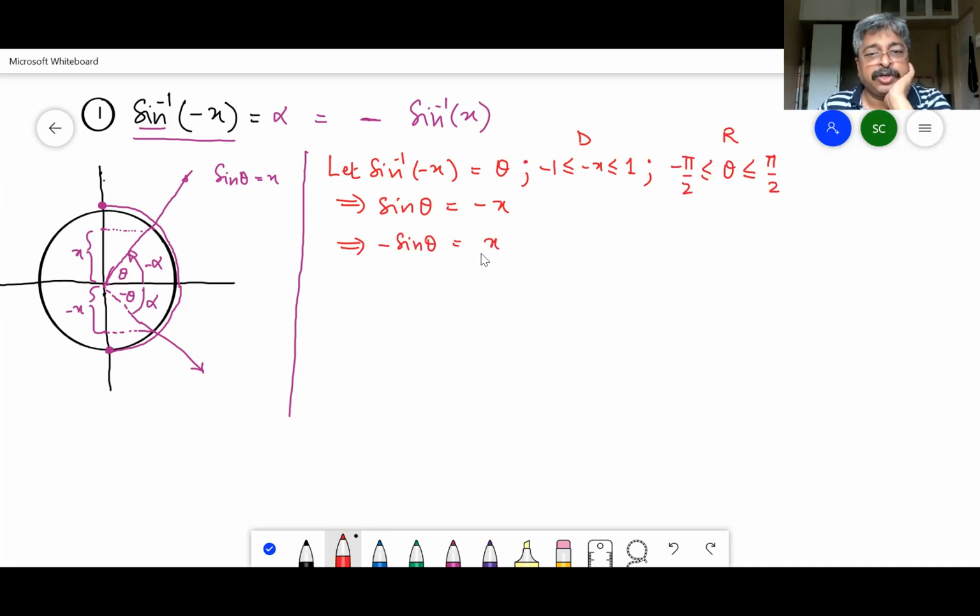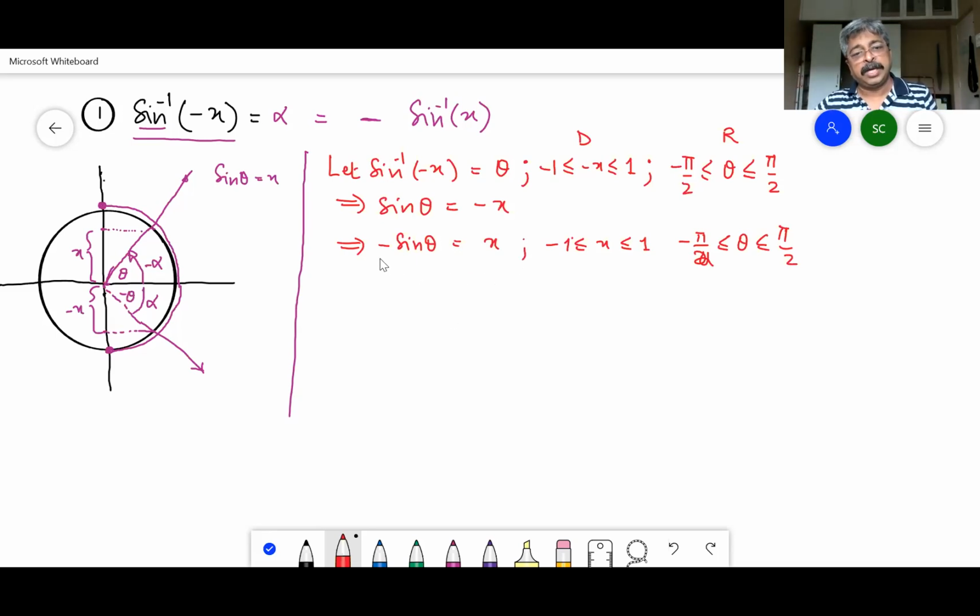But eventually I am supposed to take sine inverse, so I carry this along. Now I have x with me, so I multiply this inequality by minus 1 and still end up with exactly the same inequality: x is less than or equal to 1. What about theta? We have not done anything to theta: it stays between minus pi by 2 and pi by 2. Okay, so up to this point it is true.